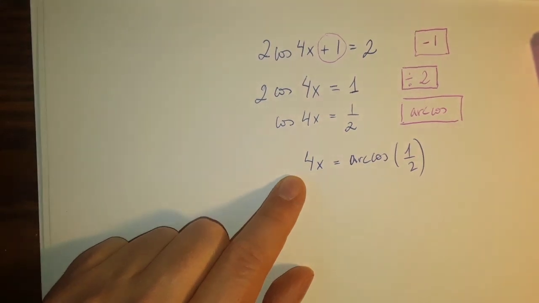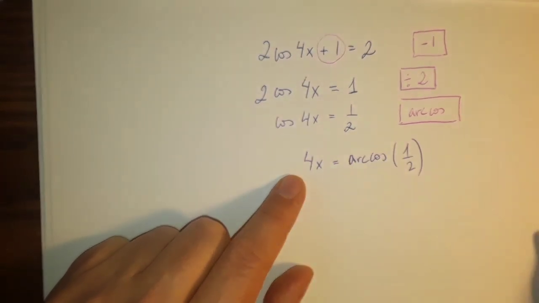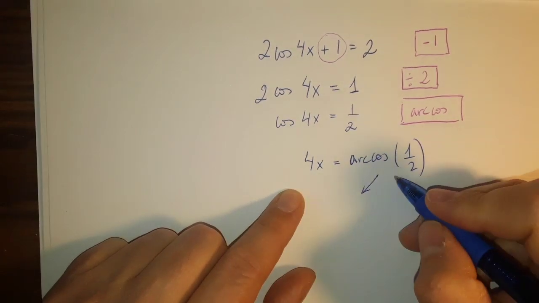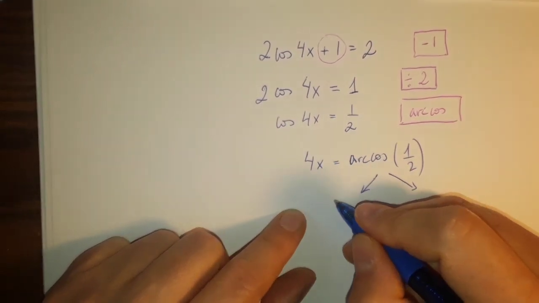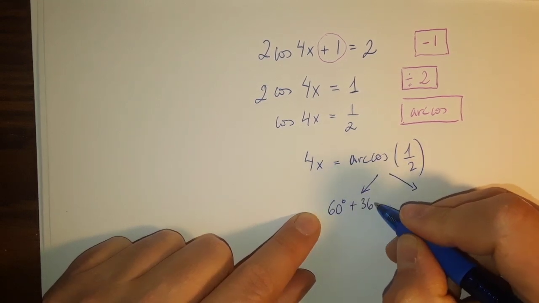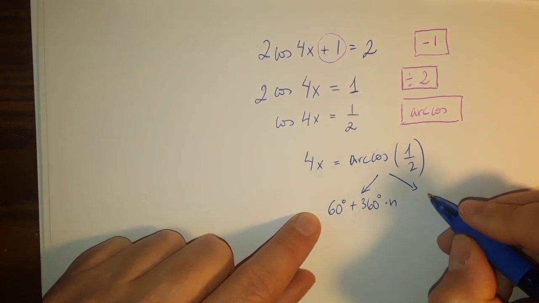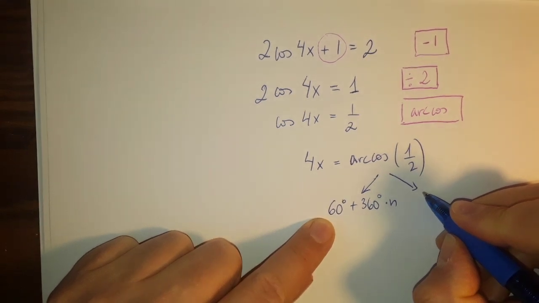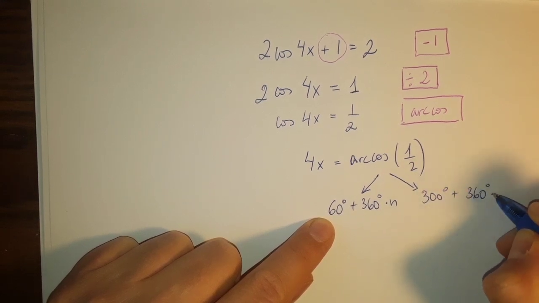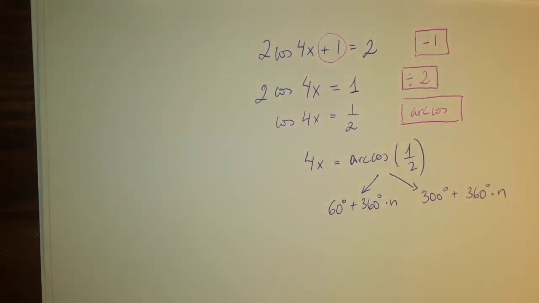And as we saw, again, you can do it with a calculator if you wish. What we saw is actually that we have two sets of solutions. One is 60 plus 360 times n, and then the other one is 300, right? 300 plus 360 times n, correct?